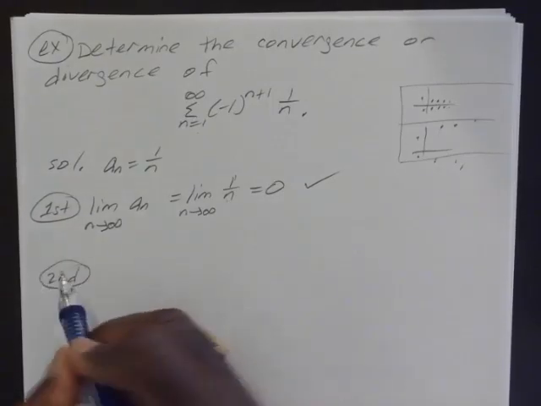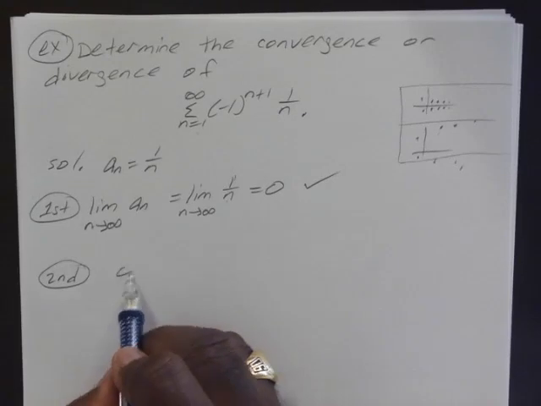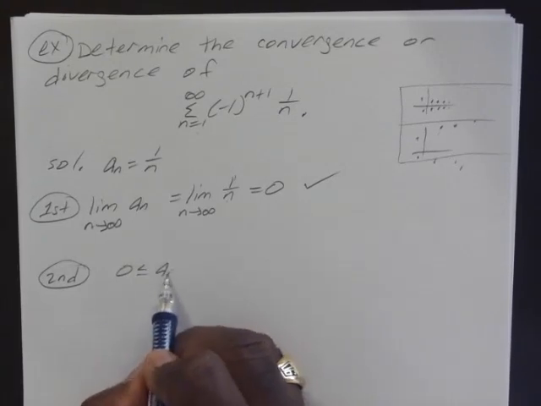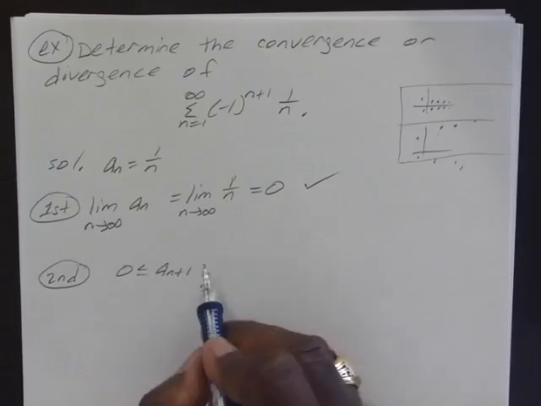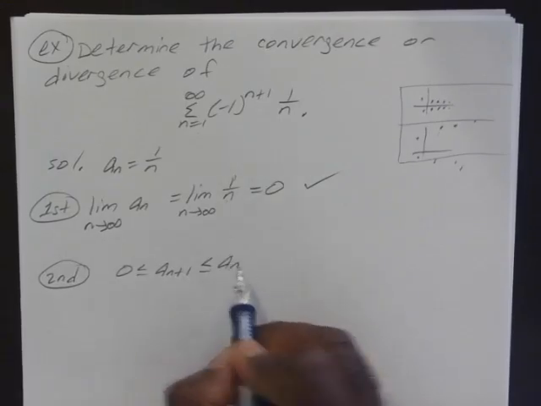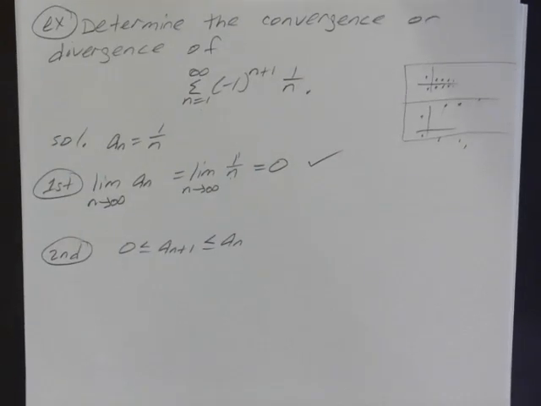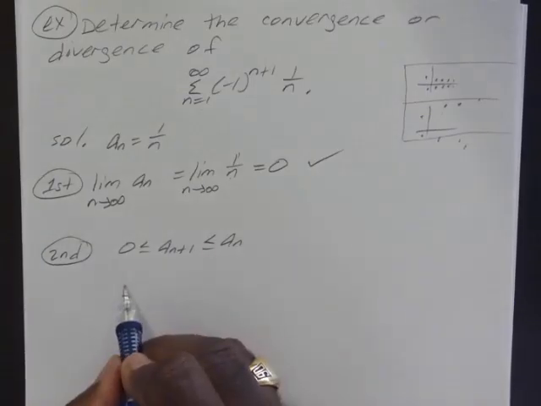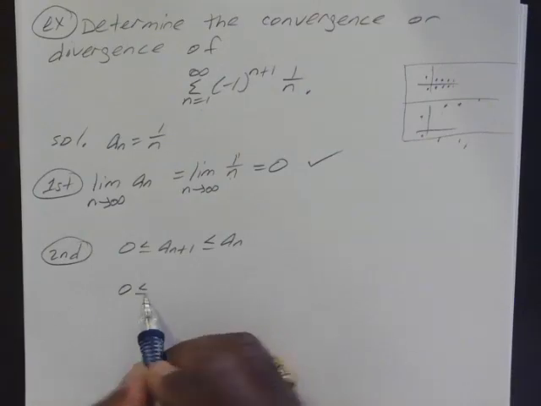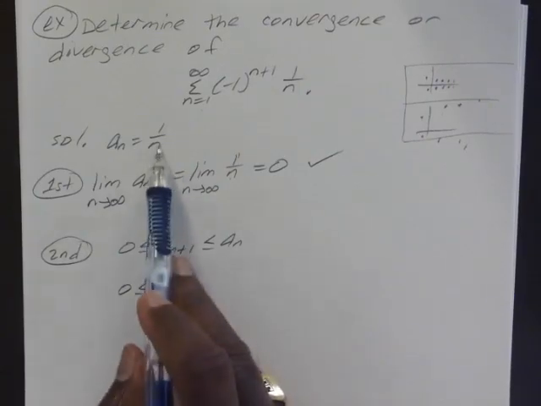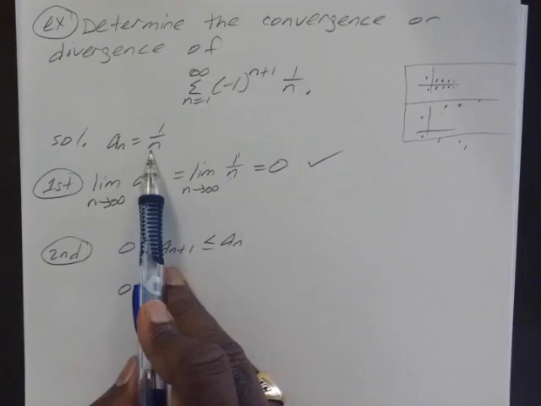And the second condition, it has to be monotone. So a sub n plus 1 has to be less than or equal to a sub n. Okay, well, we know that a sub n plus 1, well, that's just 1 over n plus 1.